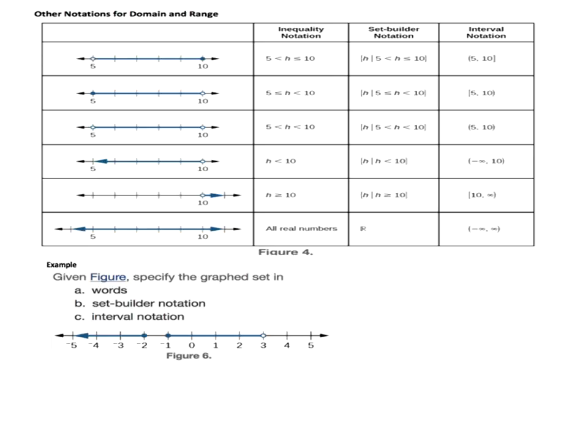There are other notations that can be used for domain and range. We don't generally use these other notations, but they're out there. The most widely accepted way to write your domain and your range, unless it's not possible, is with interval notation. So we can also use words.